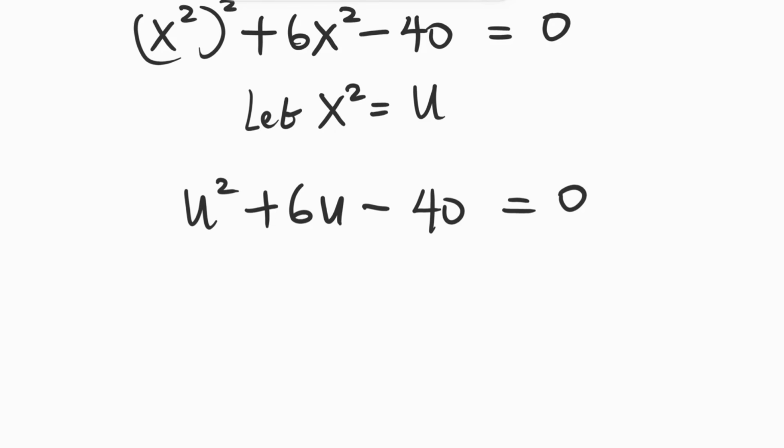We need two numbers that when we multiply give us minus 40, and when we add give us positive 6. We have 10 times 4 is 40, right? Now minus 10 plus 4 will give us minus 6 when we add it up, but plus 10 minus 4 will give us positive 6.